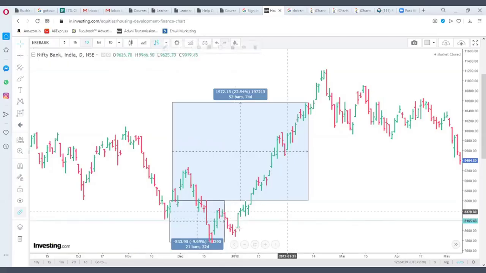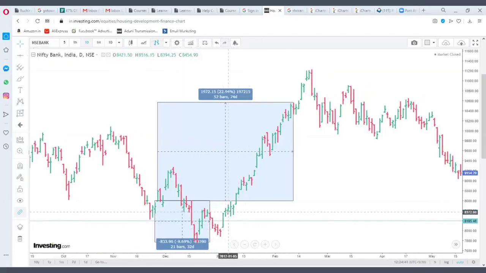What will happen once it starts rallying again and crosses this swing top? I will again go long. That is one thing which I can do. That is one thing which can give us the returns which we know that this cycle can give. Okay, so this is the way for stop loss.